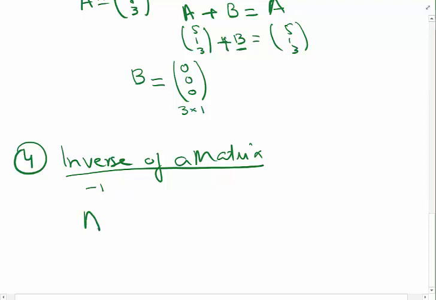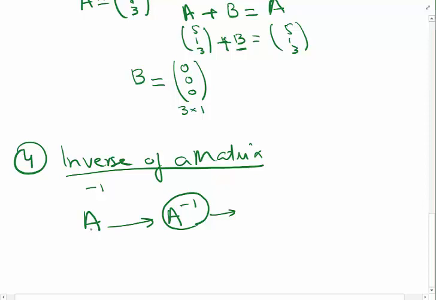Alright, so let's suppose we have matrix A and we are interested in finding its inverse, we represent it by this notation. We read this as A inverse. Don't try to read this as A raised to the power 1. It's wrong. It's simply the matrix notation, and we can say it's the inverse of matrix A.